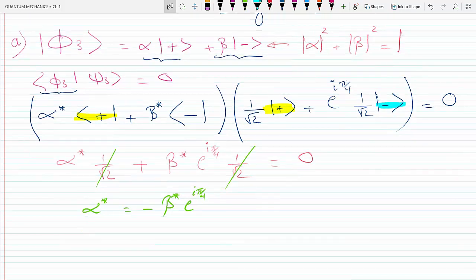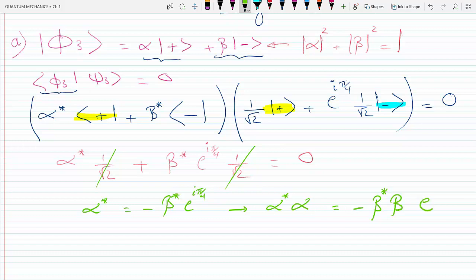Okay, and then notice if I square both sides, technically taking the complex, basically squaring, meaning I multiply by its complex conjugate. And then same thing on the other side, I would take minus beta star, and this is going to be beta star beta, that's when I square them.